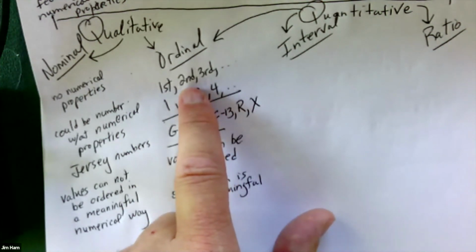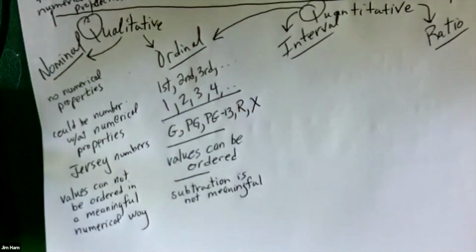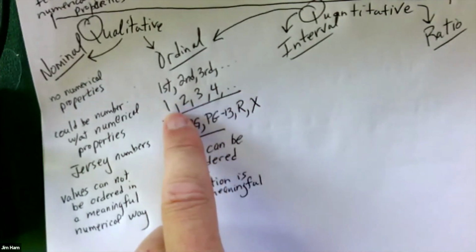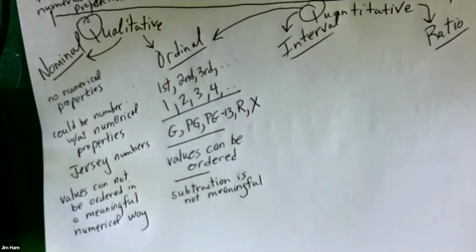Also, if you're running a race, it could be the case that the first two runners were only half a second apart in their speed, and then the third place finisher was 10 seconds behind. So the difference between 1 and 2 is half a second, but the difference between 2 and 3 is 10 seconds.